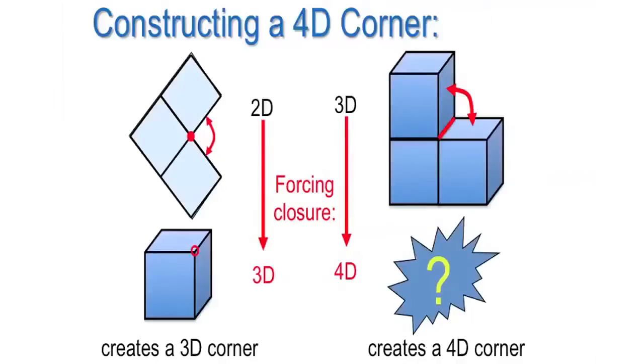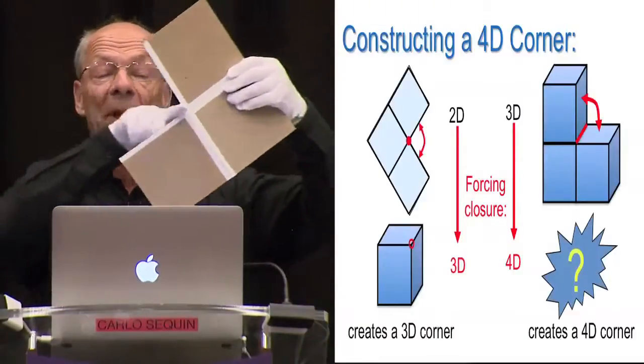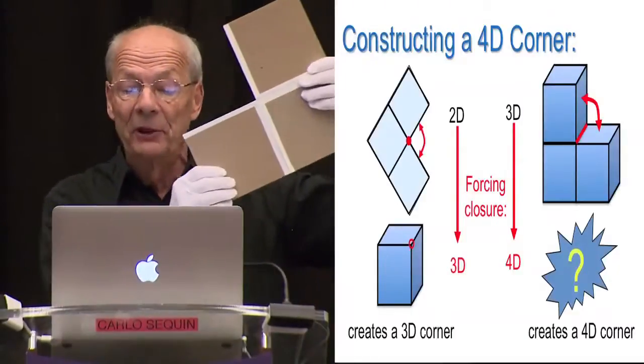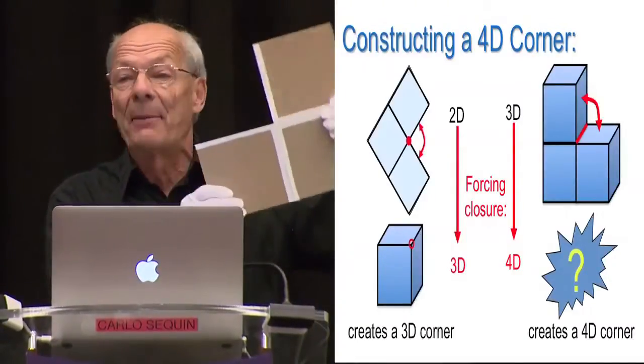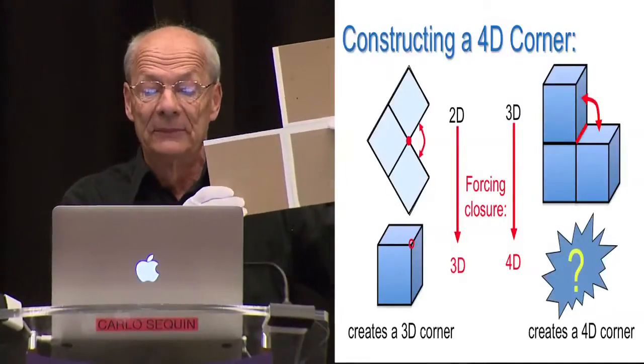And now we have to see how we can form 4D corners out of these 3-dimensional Platonic solids. So we took a few regular n-gons that did not quite fill the space around the vertex, and then we forced this gap to close. Now we do this 1 dimension higher.